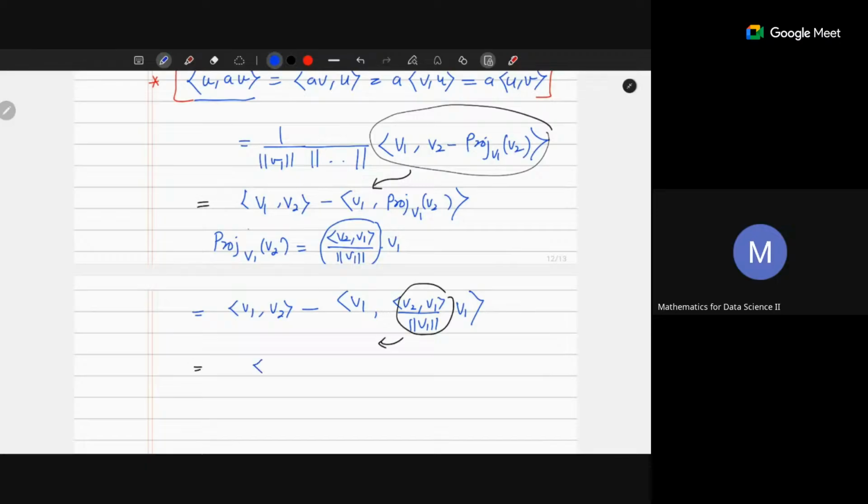What remains is the inner product of v1 and v2, minus the inner product of v2 and v1 divided by the norm of v1, times the inner product of v1 with v1.